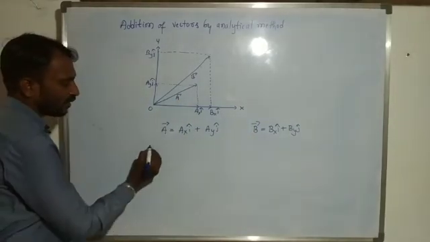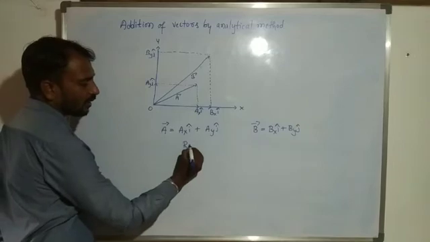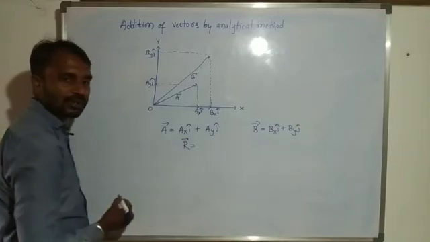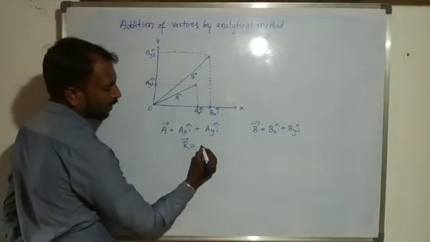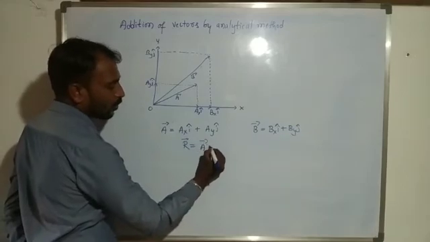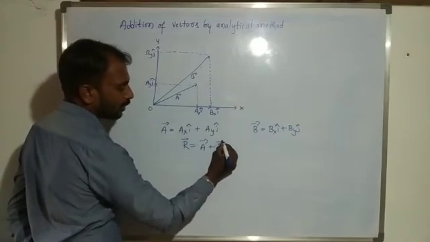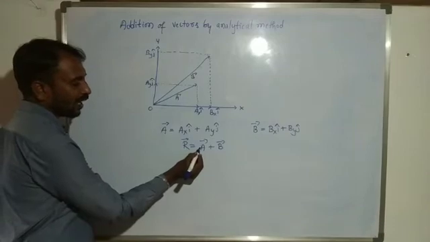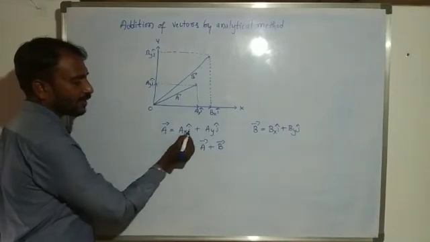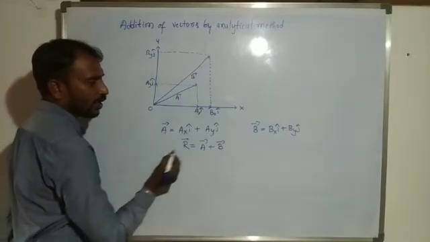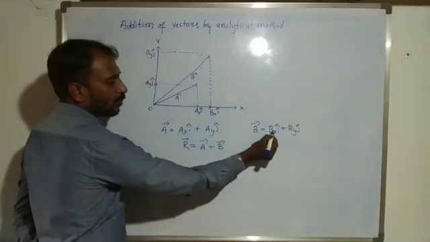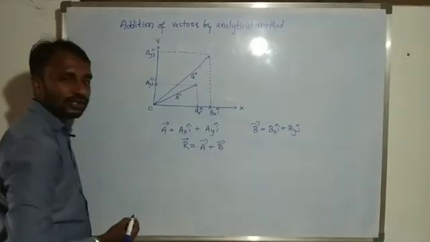So the resultant vector R is equal to vector A plus vector B. Vector A's value is Ax i cap plus Ay j cap, and vector B's value is Bx i cap plus By j cap.